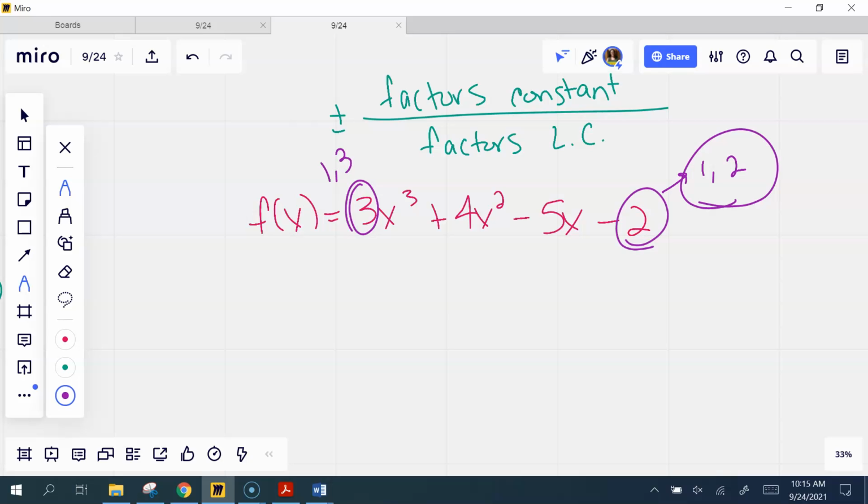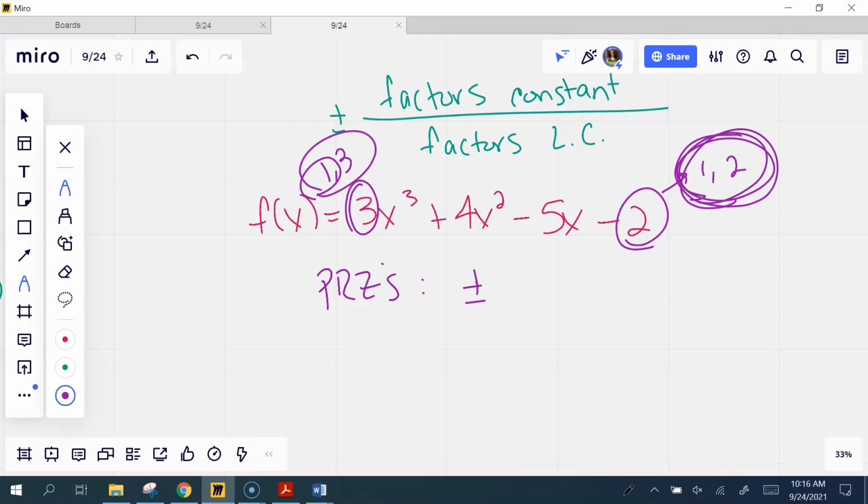It's okay. Every possible combination I can of these numbers divided by these numbers. So my PRZs here would be, and this is where I'm going to do plus or minus, because two negatives here would make a positive. 1, I'm going to divide them all by 1 first.